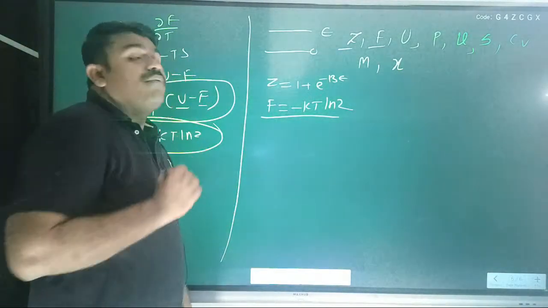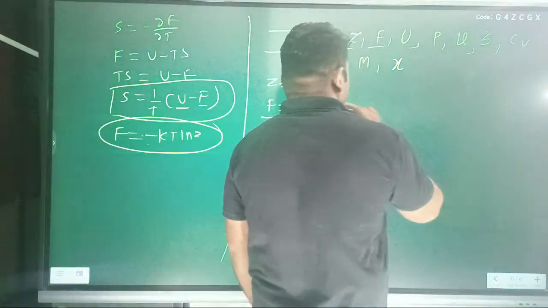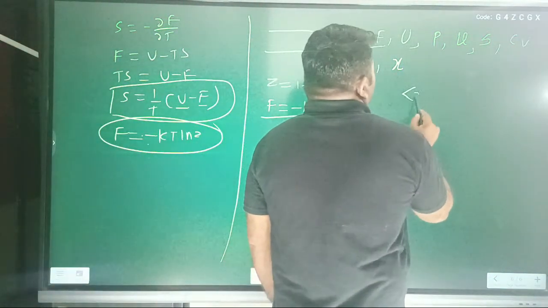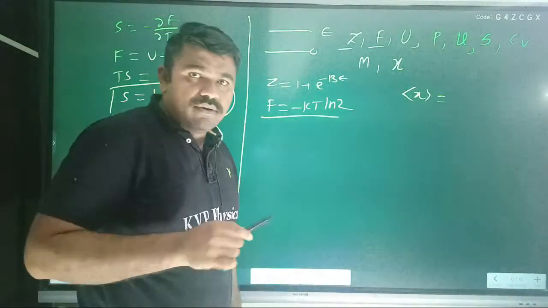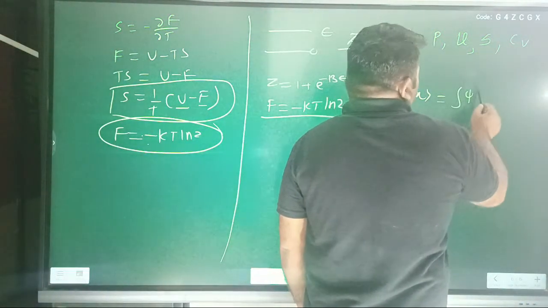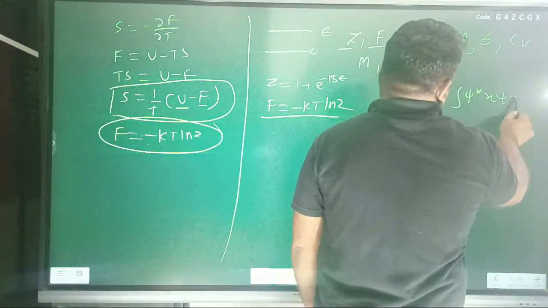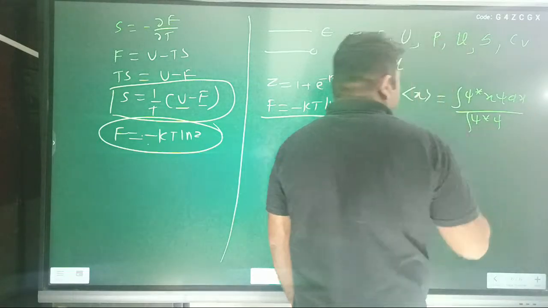Next we have to find the average energy, so how do we find it? Any average, we know the expectation of x. In quantum mechanics the expectation of x is the integral of psi star x psi dx upon the integral of psi star psi dx.